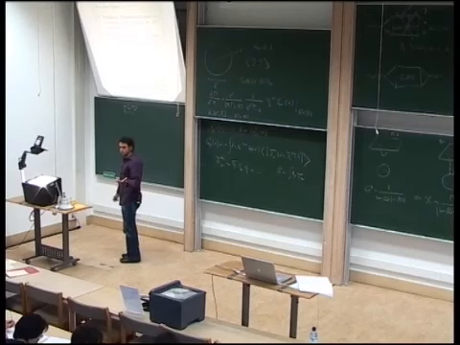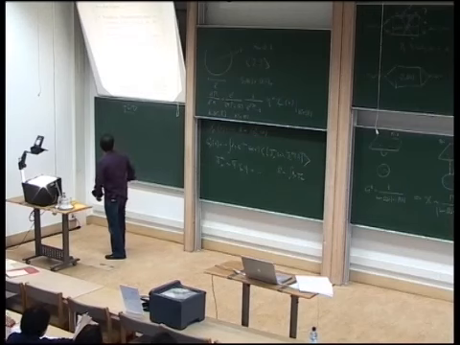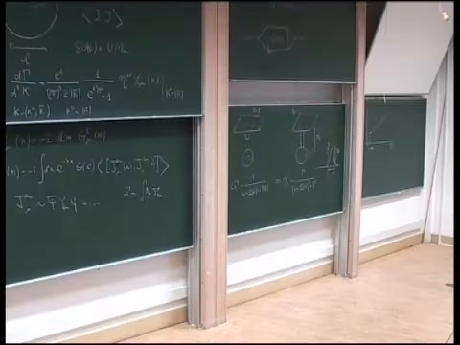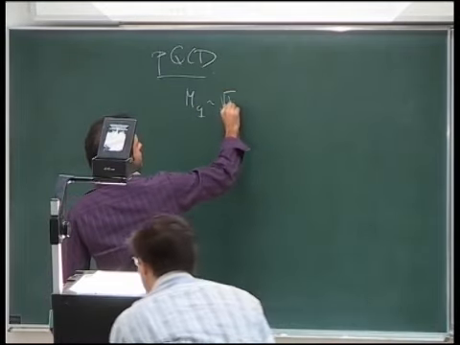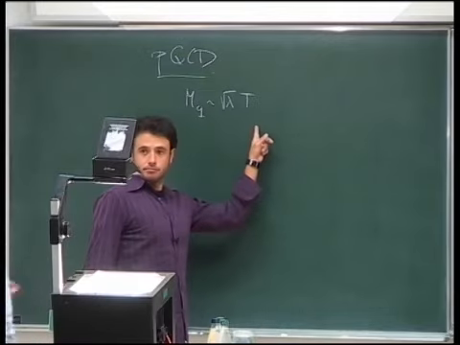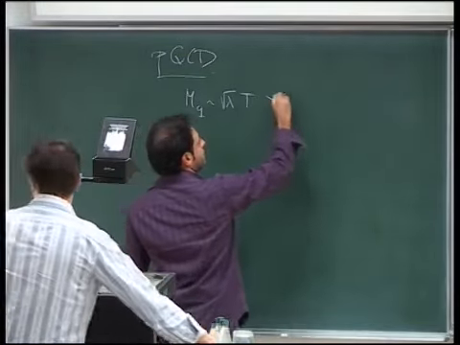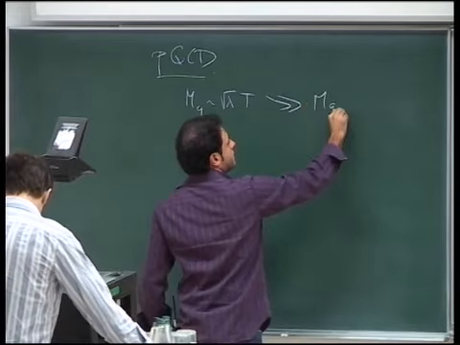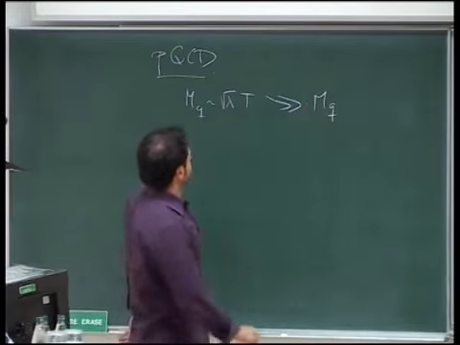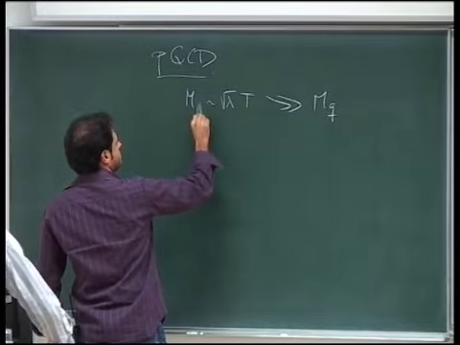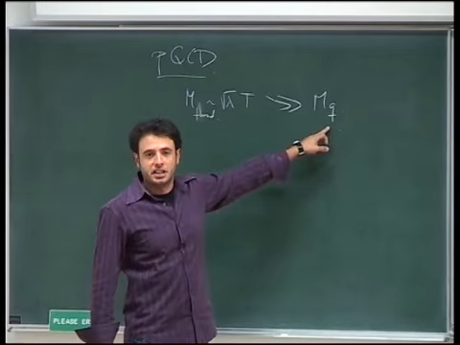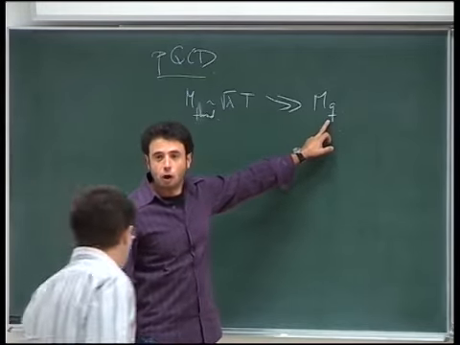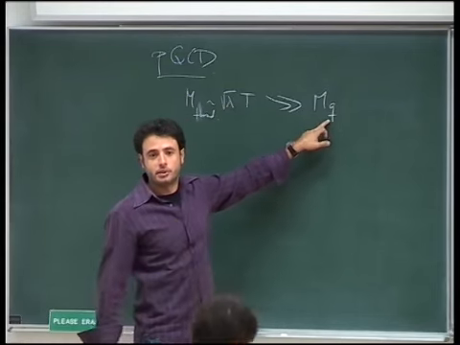This is an assumption that one always makes. So in QCD, this, which is of order root lambda times T, this is M thermal, is always taken to be much bigger than the bare quark mass. So effectively, the bare quark mass is always set to 0 in perturbative calculations.